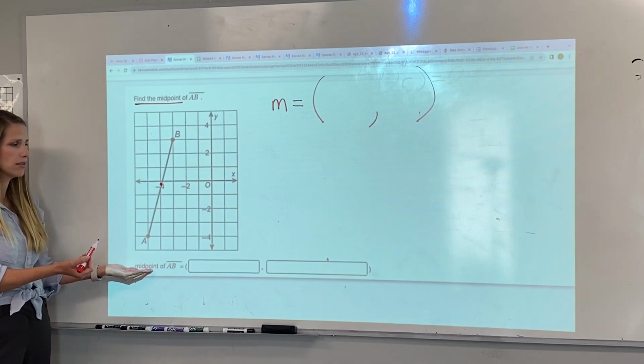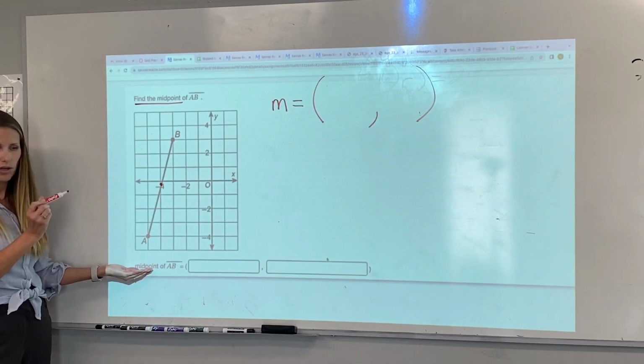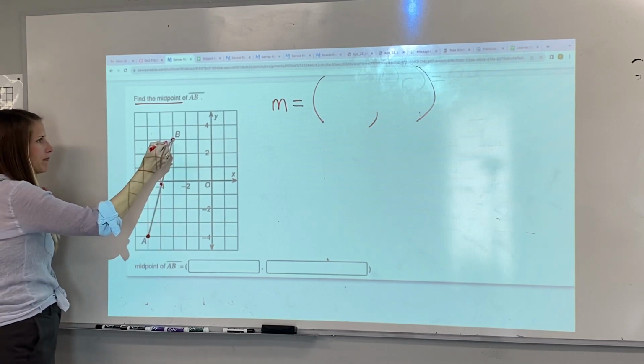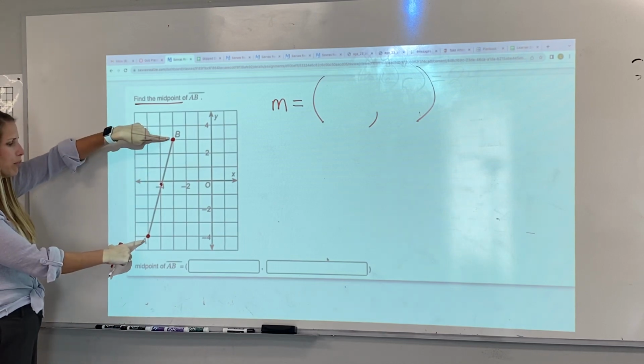I'll give you a hint. The points are on the coordinate plane. Yeah, points A and B. So we're looking at the endpoints. If we want to find the middle, we need our endpoints.